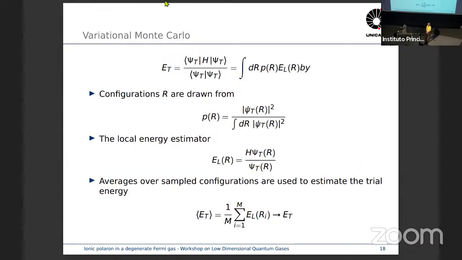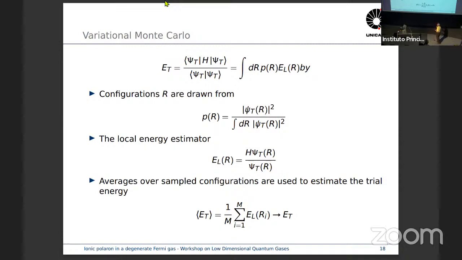Okay, I hope I will not bore you with a few words about our method, but I will say a few words about the variational Monte Carlo. In the variational Monte Carlo method, we are evaluating this integral here, which can be recast in this form, where we have a probability that we sample, and this estimator here, which we call the local energy estimator.